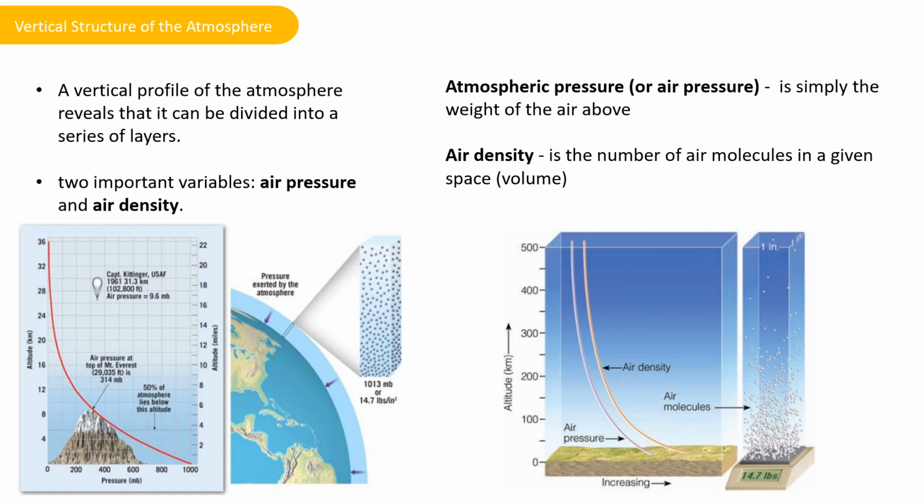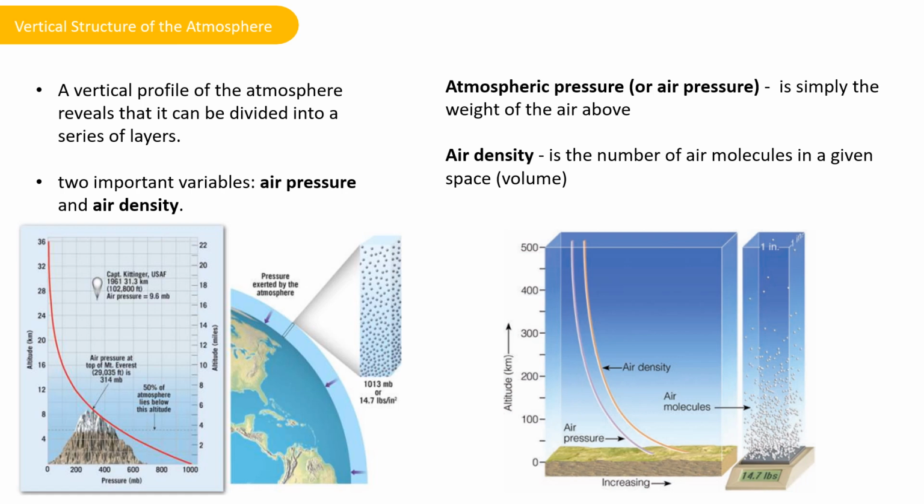As it increases, the air pressure that is represented in millibars at the bottom of the x-axis has become lower as you go up. And so is the air density, both the air density and the pressure.